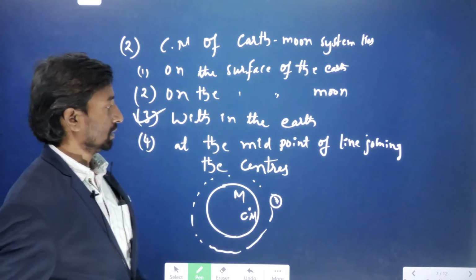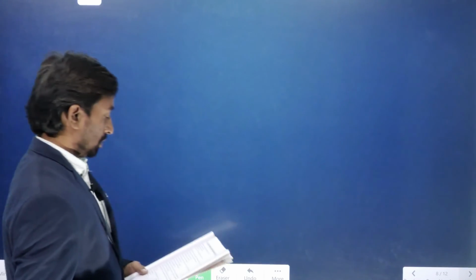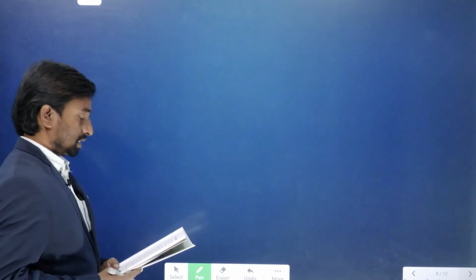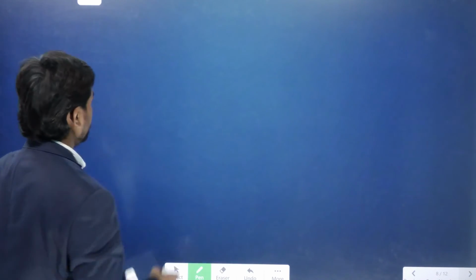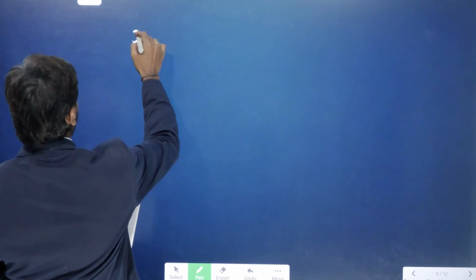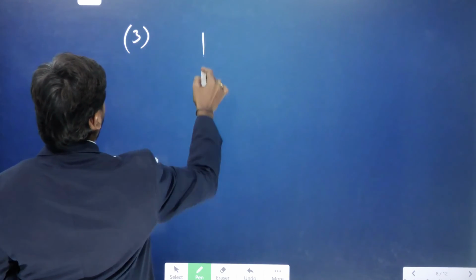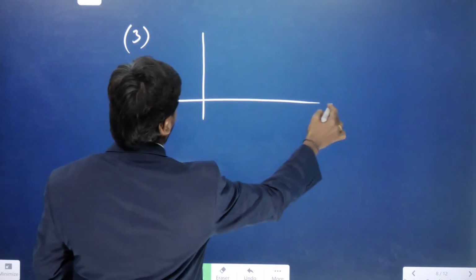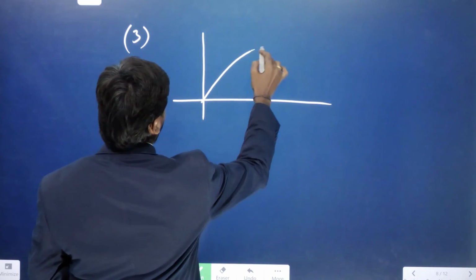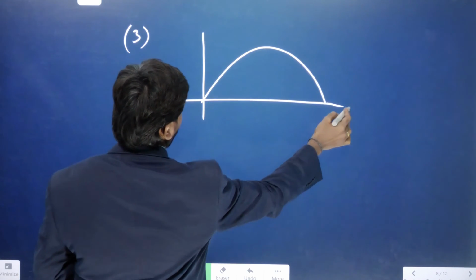So next question we will see there. A ball is projected at a certain angle with the horizontal, then, okay. Suppose I won't write the whole question here, I will explain like this. Here the third question is given: a ball is projected with a certain angle, like this, then it will fall here on the surface of the earth.